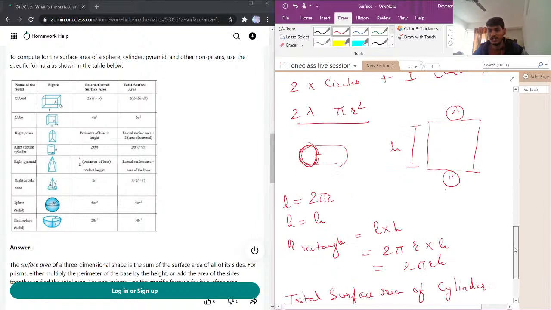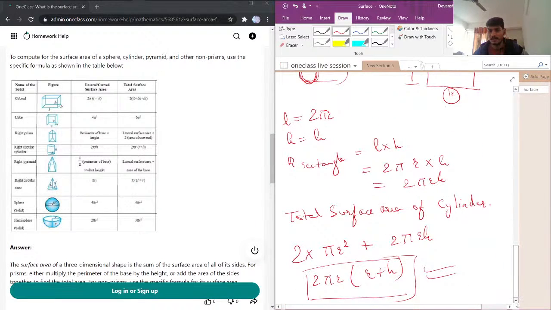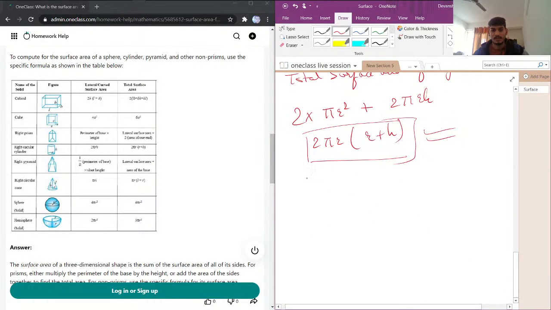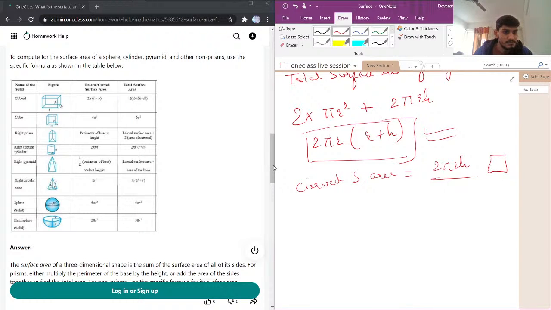So for a cylinder, we can get the curved surface area, which is nothing but 2 pi r h, the area of the rectangle which was curved. So here also 2 pi r h.